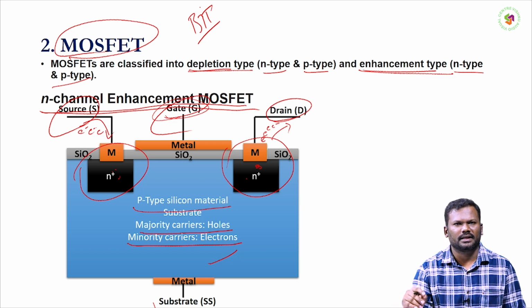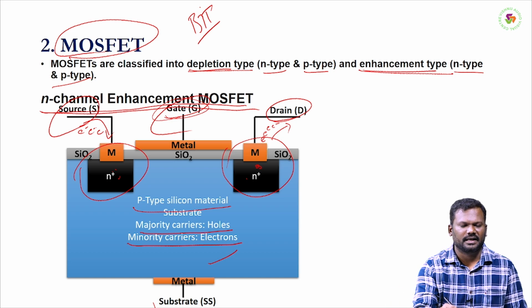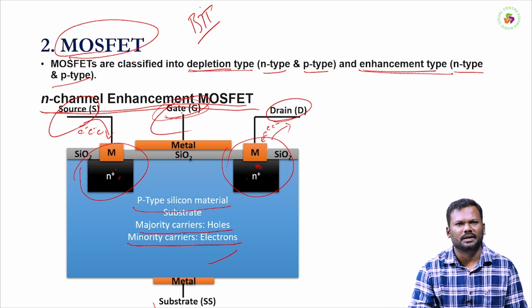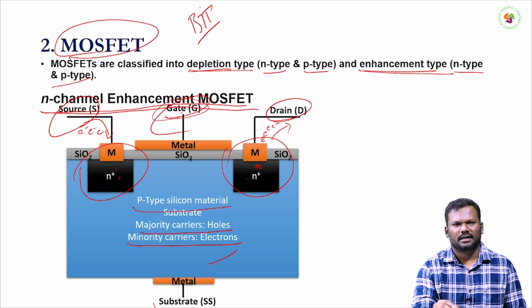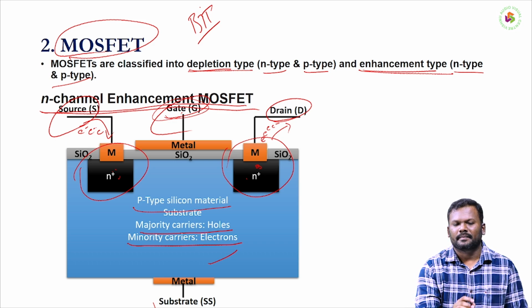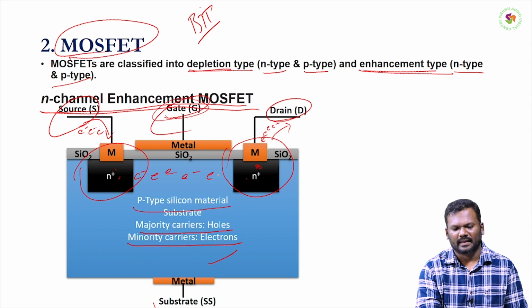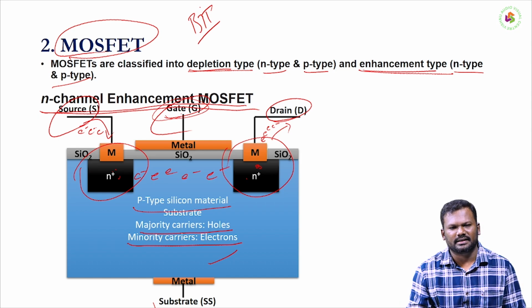You know, if you open the tap, water will come. If you close the tap, water will stop. The same applies here also, but here for the gate you need to apply a voltage. That voltage will control the flow of electrons from the source region to the drain region.